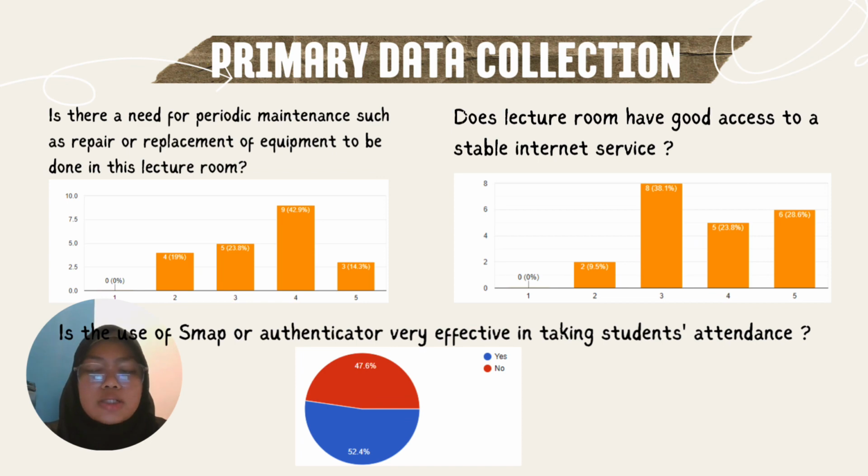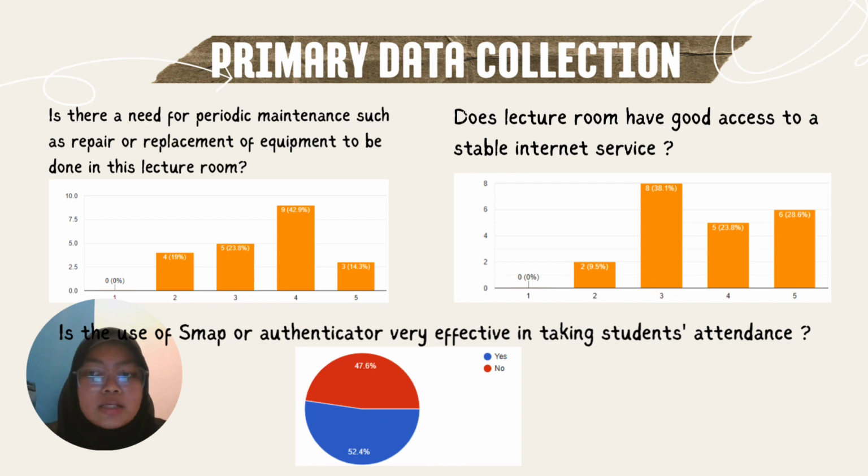The third question asks, is there a need for periodic maintenance, such as repair or replacement of equipment, to be done in this lecture room? Based on the histogram graph, as you can see, 42.9% show the highest percentage for the importance of periodic maintenance, such as repair or replacement of equipment in this lecture room.